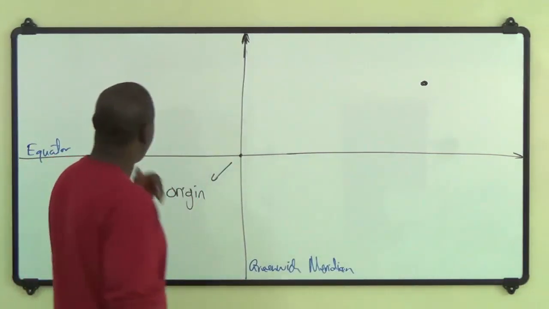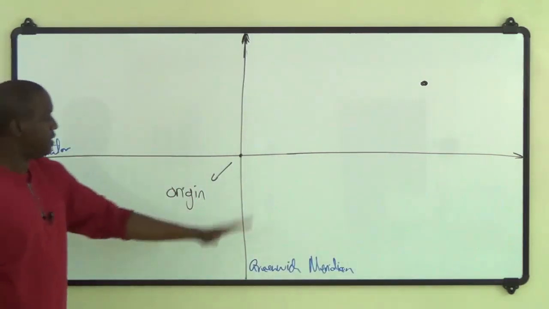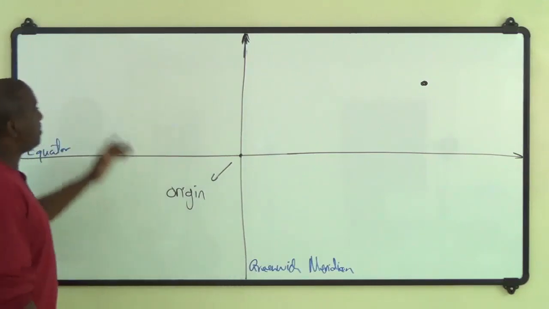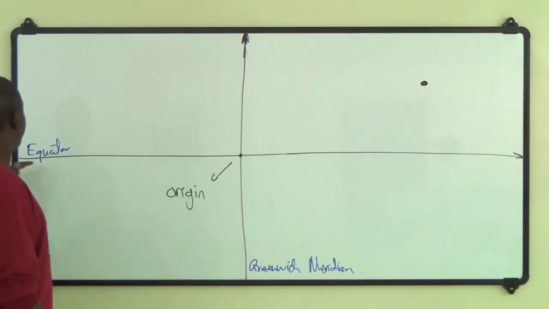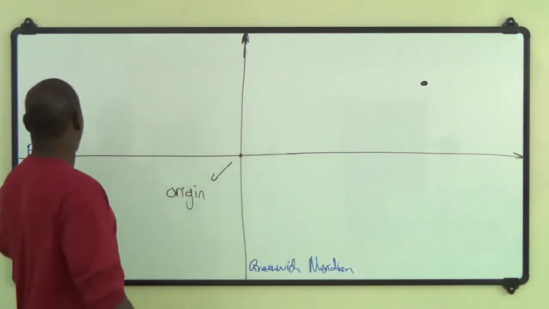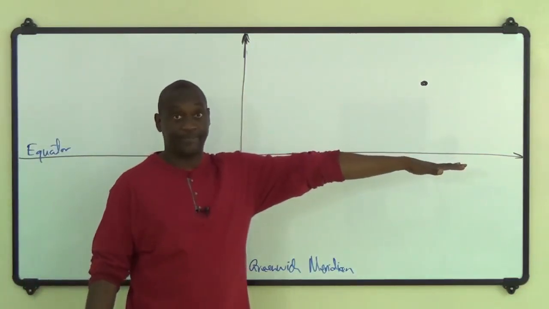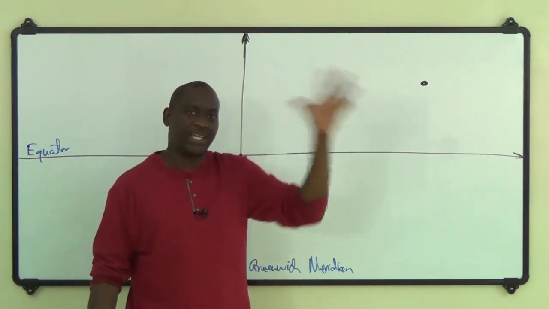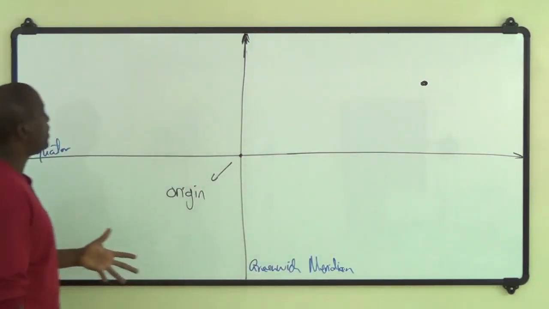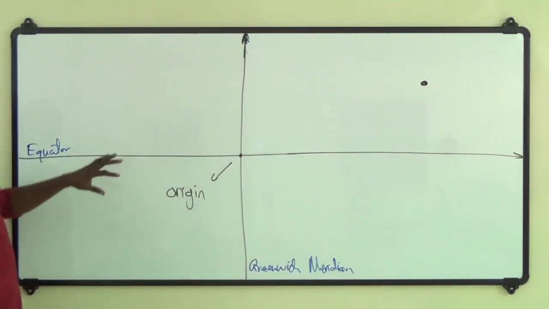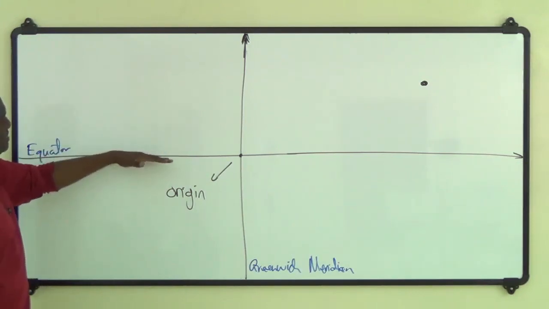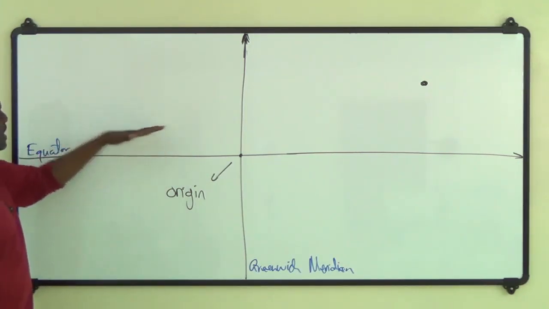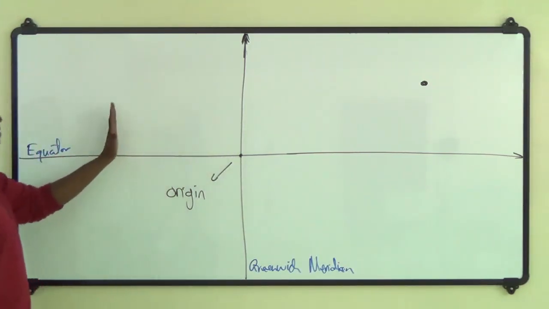So in geographical terms, this is a Greenwich meridian running from the North Pole to the South Pole. This is the equator running from west to east. All right? So in terms of the location of the Caribbean, we know that the Caribbean will be somewhere, I think it's 10 degrees north and 61 degrees west or something like that.